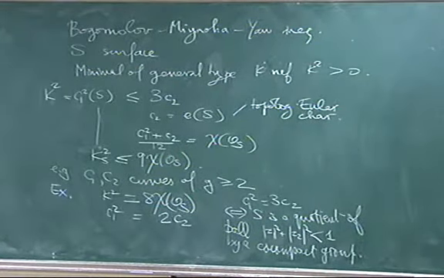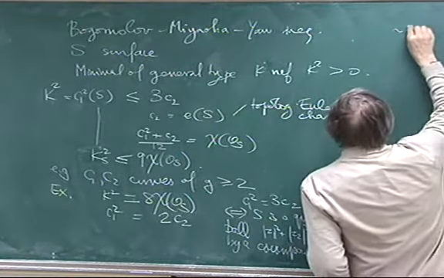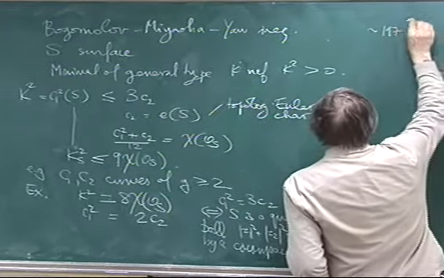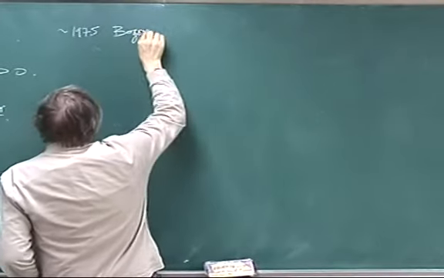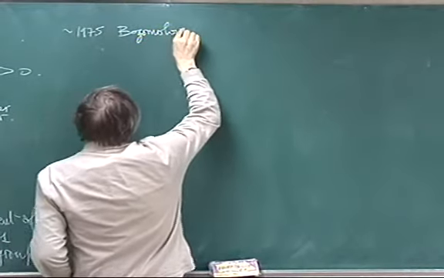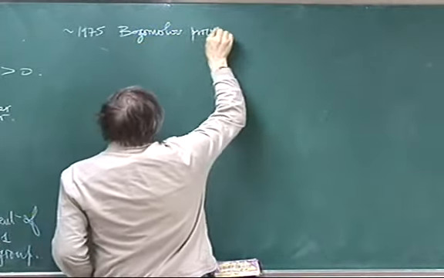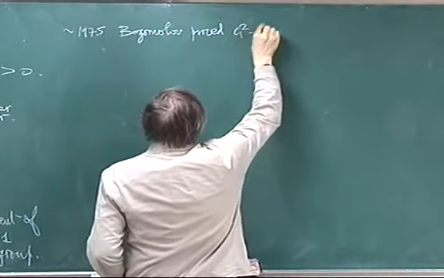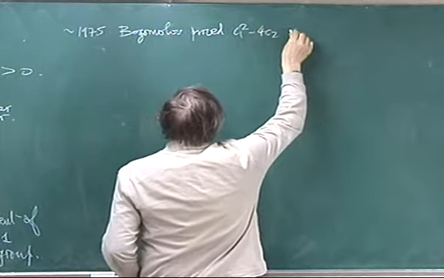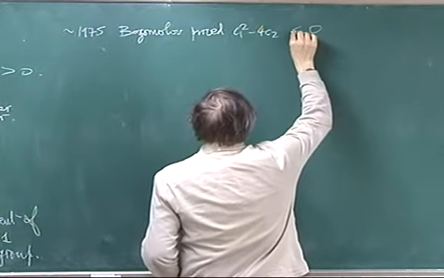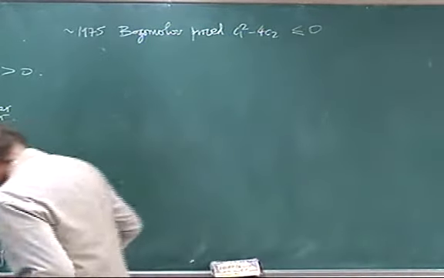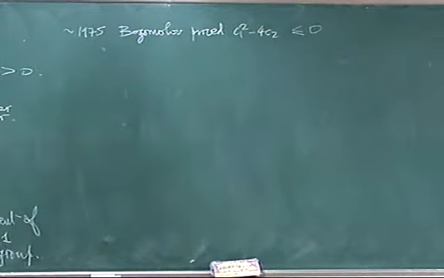So around 1975, Bogomolov proved C1 squared minus 4C2 is less than 0. That's more or less by the arguments I've been talking about. I'll illustrate this proof.